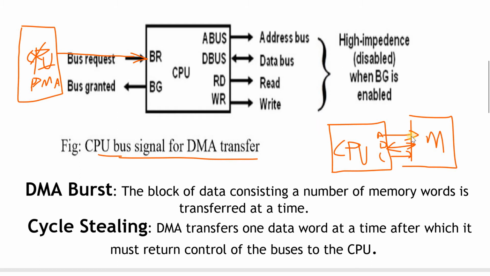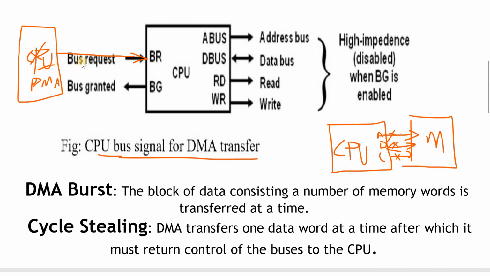If DMA comes into the picture, the CPU disables all the bus connections from the memory, that means disconnects them. These disconnected buses, address, data, control lines, are connected to the DMA operation.